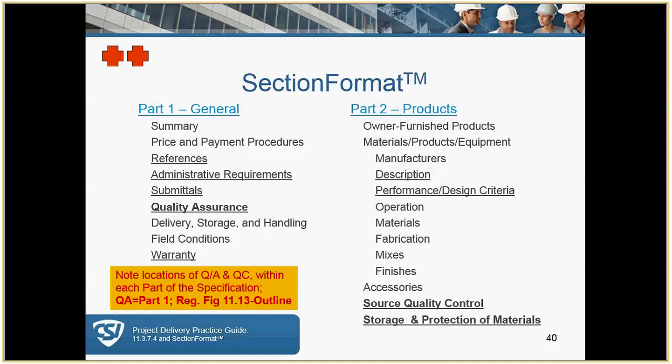Now, in section format, as you can see on screen, it's rather direct. Part 1, general. Part 2, products. In part 1, you have scope of work, submittals, references, the quality assurance submittals, and general requirements related to the products. Delivery and storage is also in part 1.